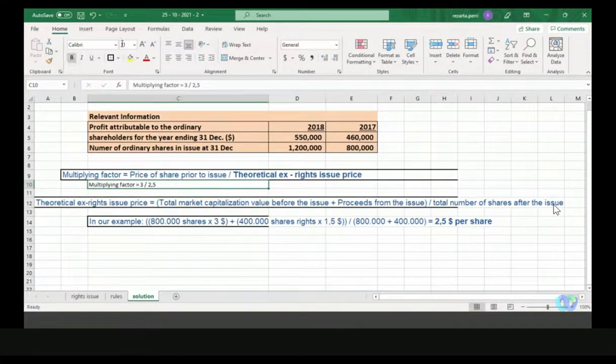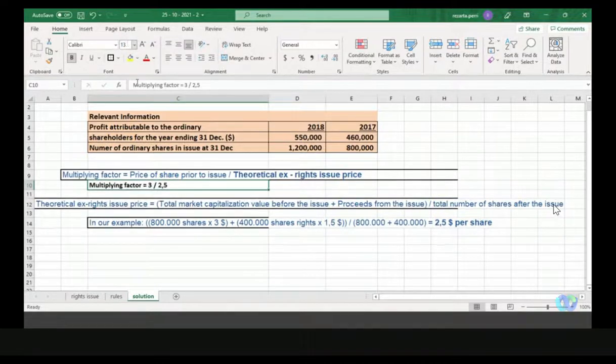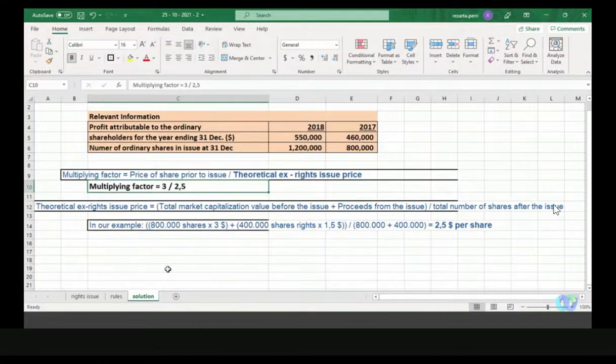Always expect to find a theoretical ex price which is lower than the price of share prior to the issue, because with the issue of rights, we are not receiving as much resources as we expect. That is why the multiplying factor will be always or almost always greater than 1. So keep this in mind. The multiplying factor right now is 3 to 2.5.